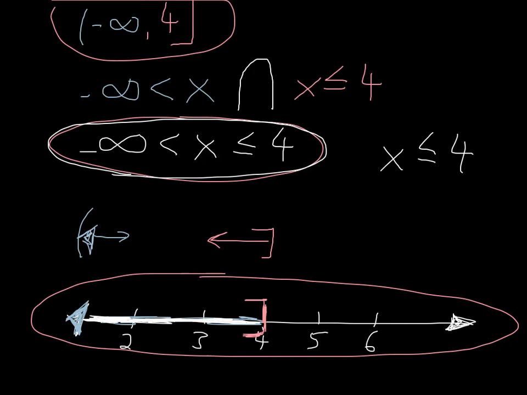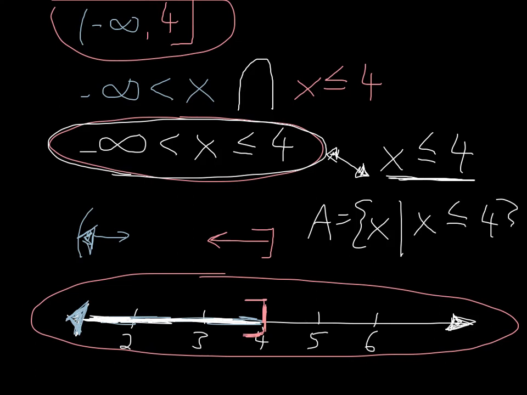So we're going to use what we did here and just put that in the set notation because these are the same thing. We just showed that these are the same thing. So A equals x such that x is less than or equal to 4. We could write it with the negative infinity inside if we wanted to. That would still be perfectly correct. But we don't have to, and that's shorter.